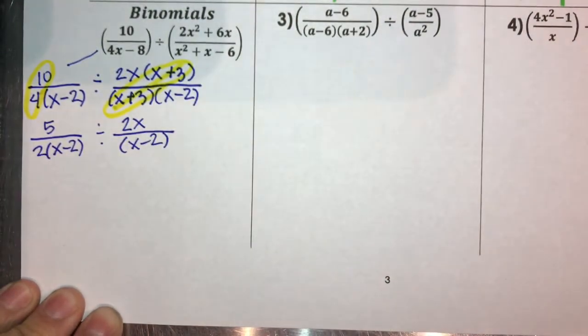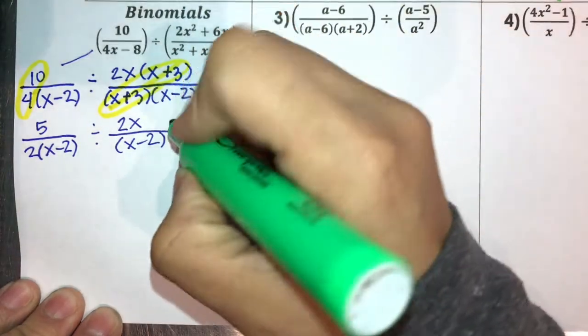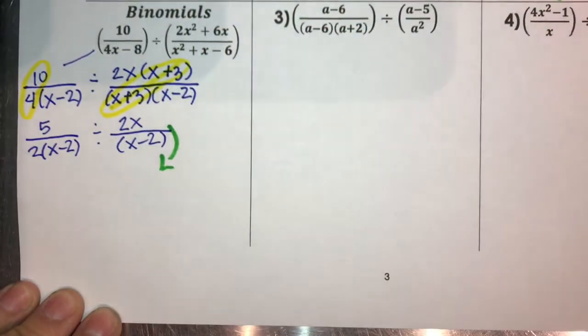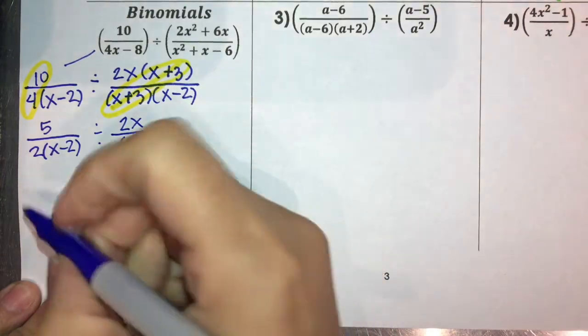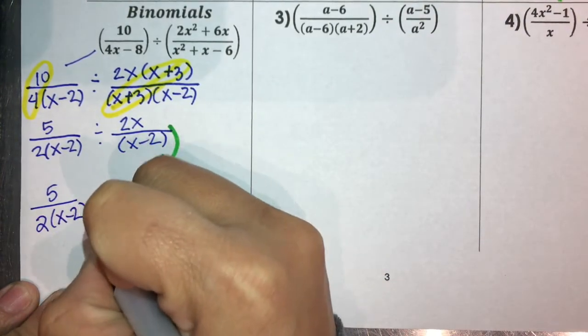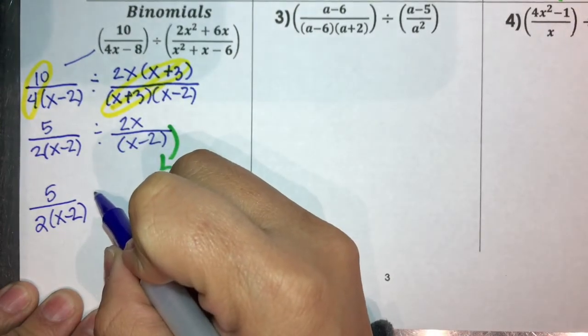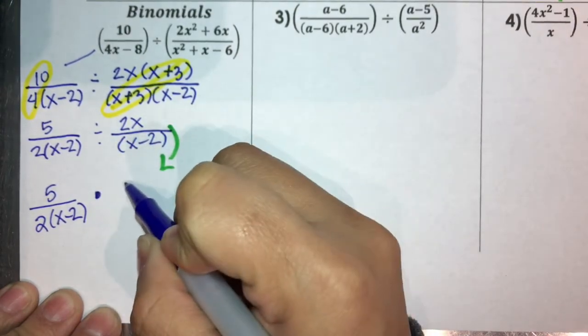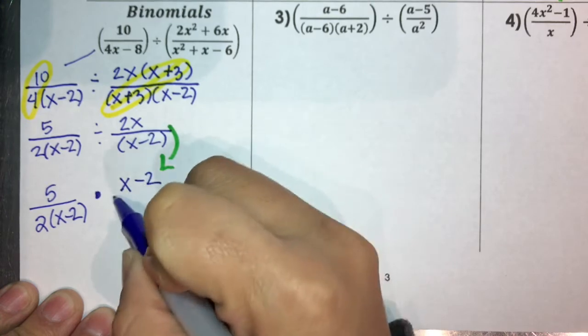Then I create the reciprocal of the second fraction, keeping the first one, times x minus 2.